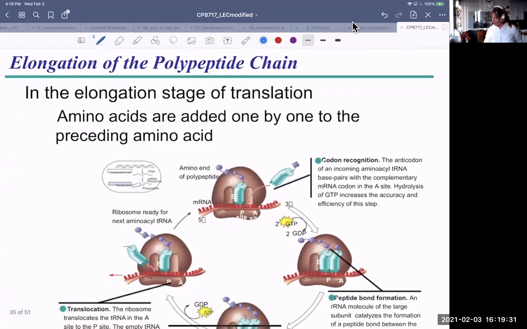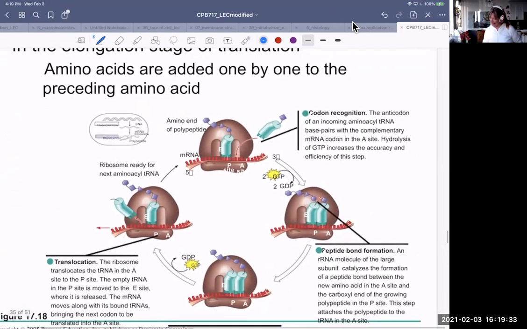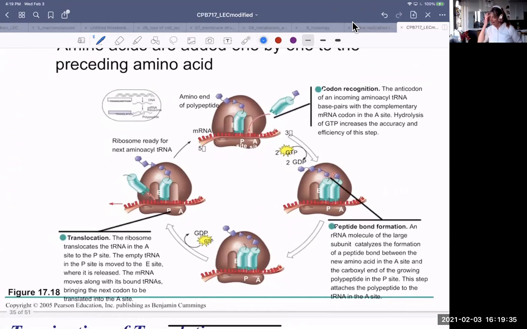In elongation, we've looked at that a little bit already. It also takes some energy to form the new bonds. I don't really like this one terribly much. We've already seen it happen, really. Here is a tRNA, a growing polypeptide chain.